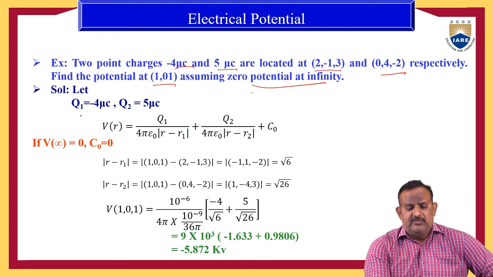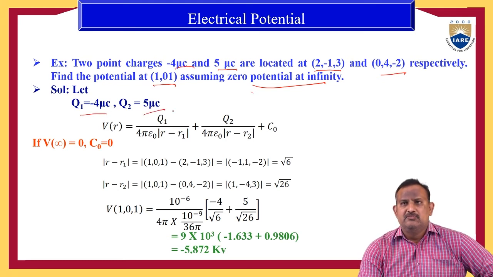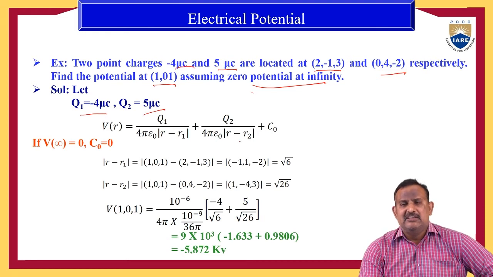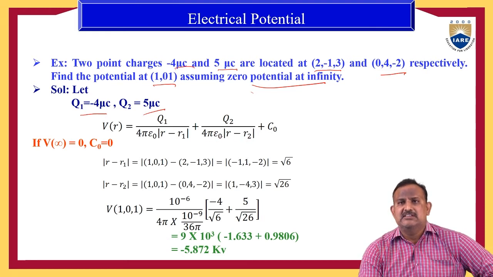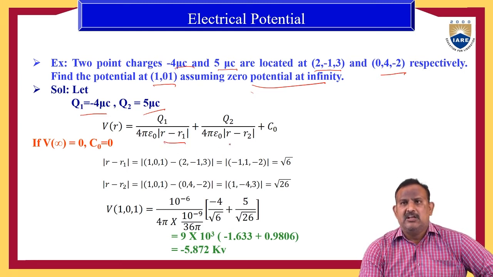Already given Q1 is equal to minus 4 microcoulombs, Q2 equal to 5 microcoulombs. We have the formula V of R equal to Q1 by 4 pi epsilon naught into modulus of R minus R1 plus Q2 by 4 pi epsilon naught into modulus of R minus R2, because there are 2 point charges. First we will find out the distance vectors R minus R1 and R minus R2.